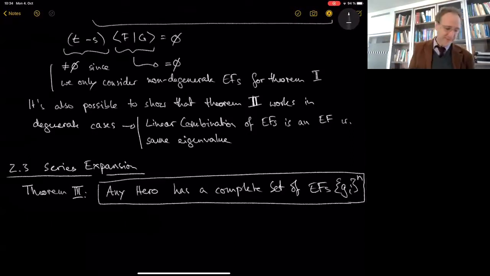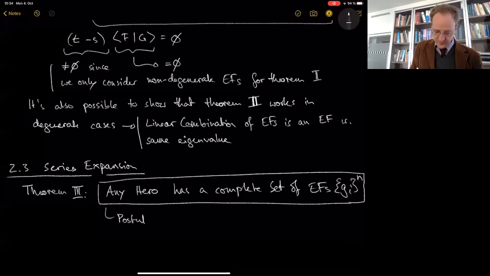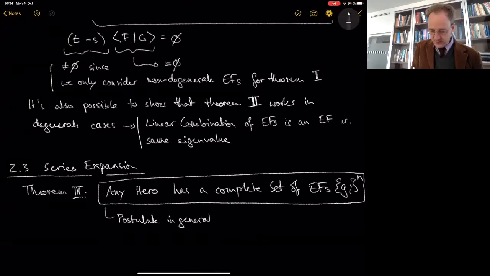But first, we should note that in general, this theorem actually is a postulate, which means we cannot really prove it. So it's a postulate in general. But you can prove it for specific cases.